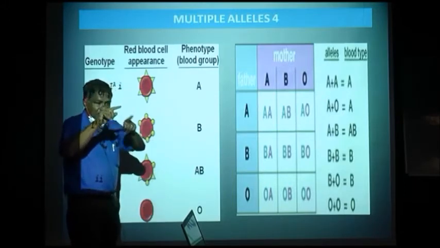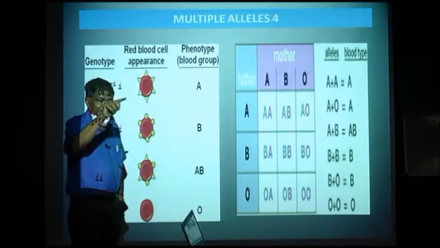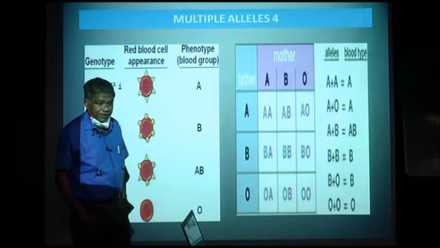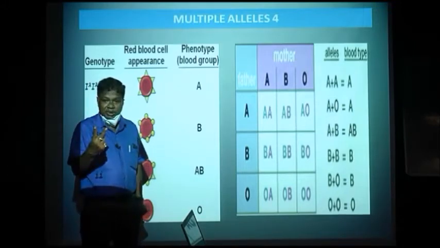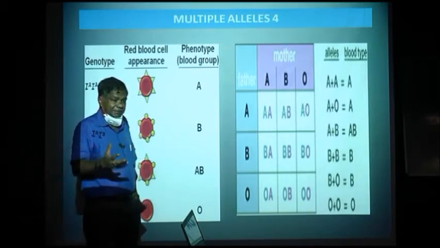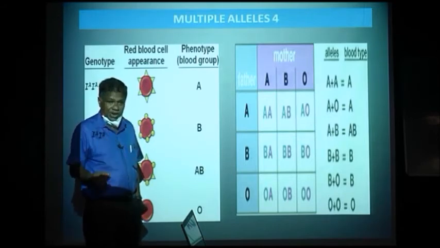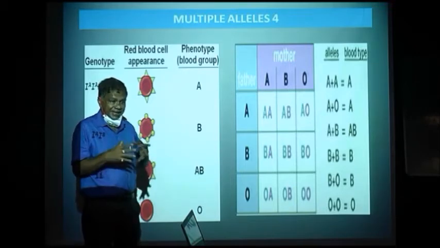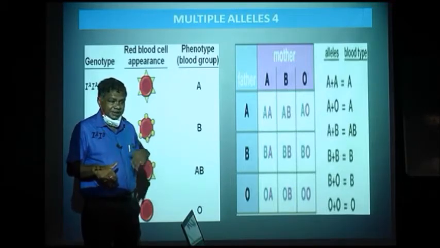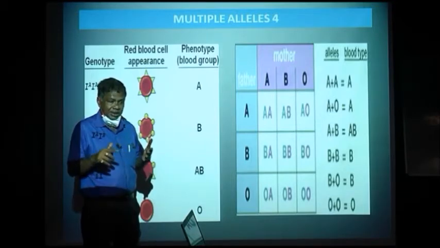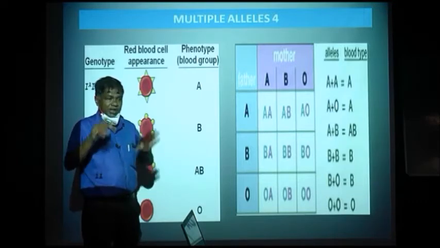All her gametes will get small i. If my gametes are capital A and capital B, and my wife's gametes contain only small i, then my children will get either capital IA small i, or capital IB small i.